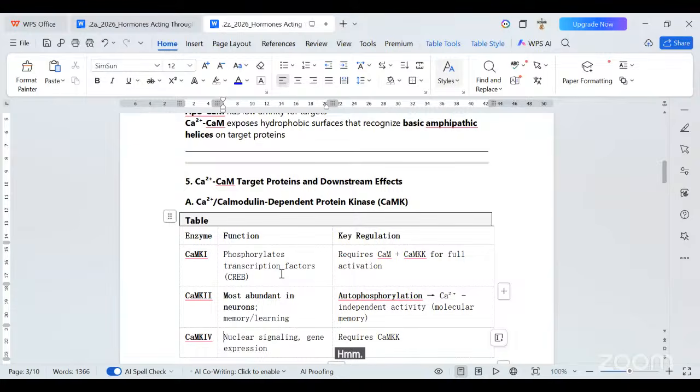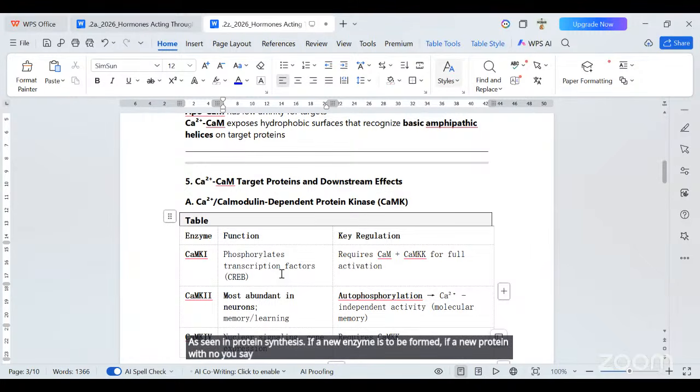You need to read. If I digress, we will lose the point. But the transcription factors are seen in protein synthesis. If a new protein is to be synthesized, we say all enzymes are proteins, that's when you have transcription factors.